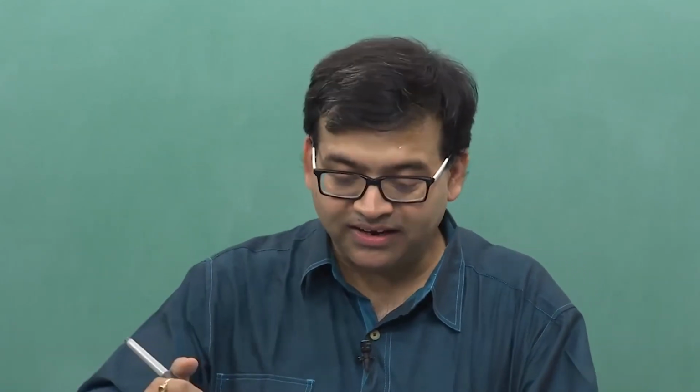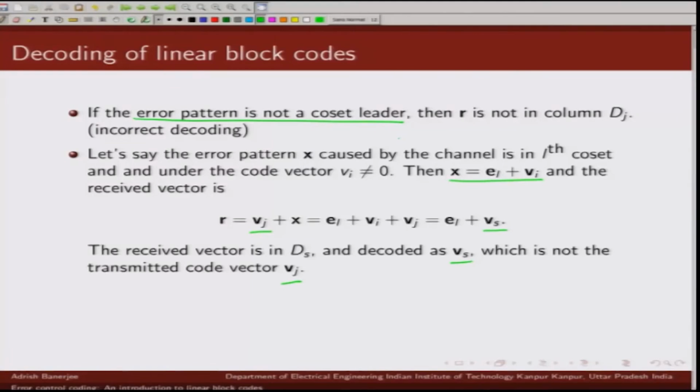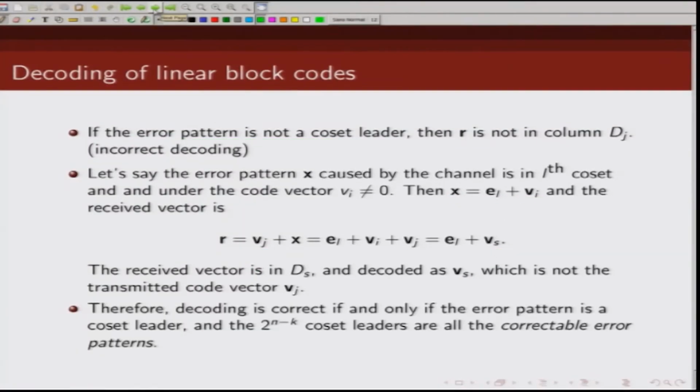So, if the error pattern is not a coset leader, then we are going to make an error. From this we can conclude that our decoding is going to be correct if and only if our error pattern is a coset leader.